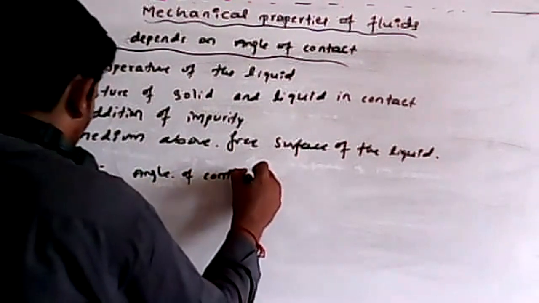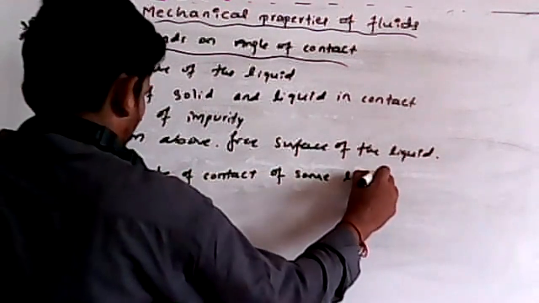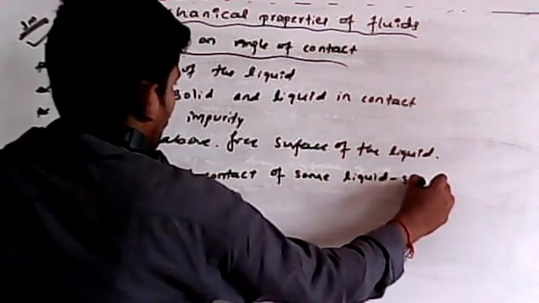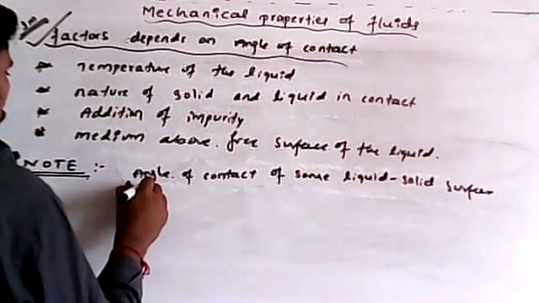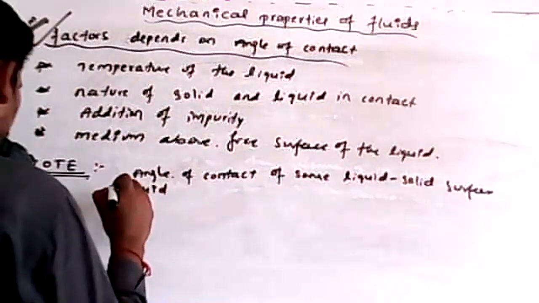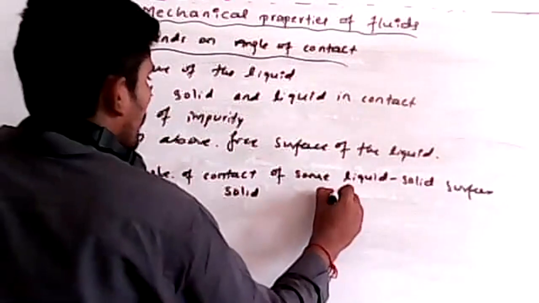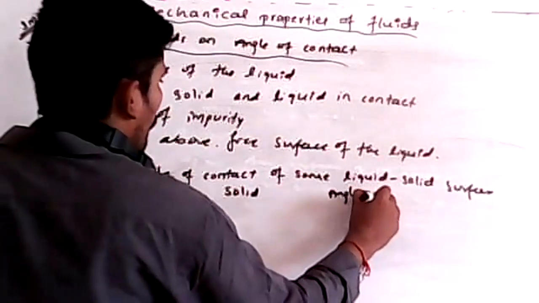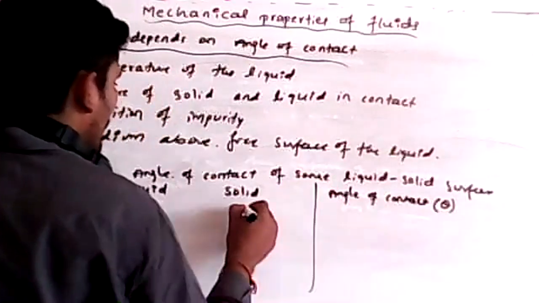Angle of contact of some liquid-solid surfaces is just for information. It is not compulsory, but to understand the concept it is very important. We can write the angle of contact as theta also, so make it as a column.